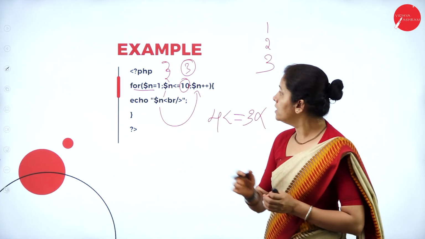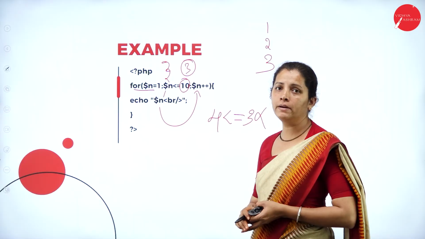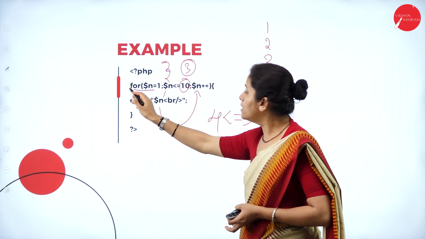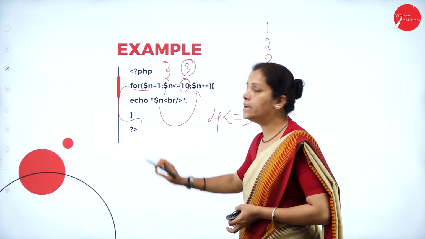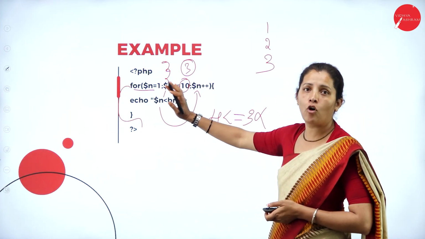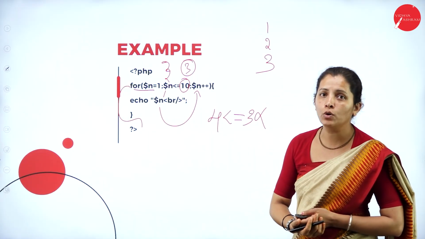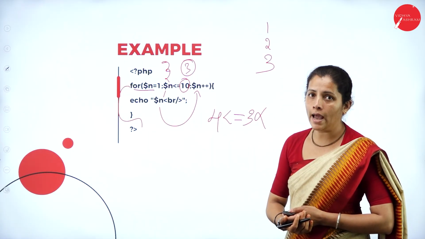So dear student, if the condition is false, the control transfers to the remaining statement which is after my for block. This is the way I can use the for loop in my program.